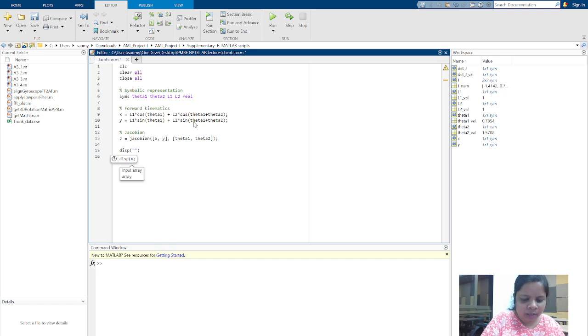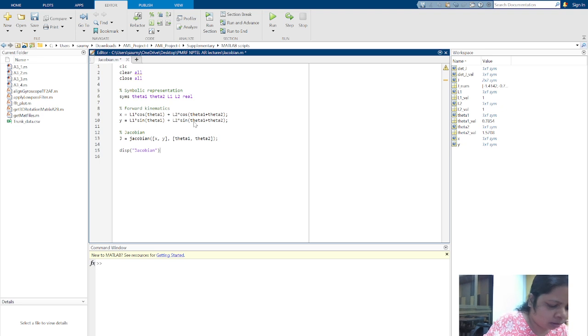And the Jacobian would be displayed in symbolic form. Since we have not put any values for theta 1, theta 2, L1, L2, it would just display the Jacobian in symbolic form.